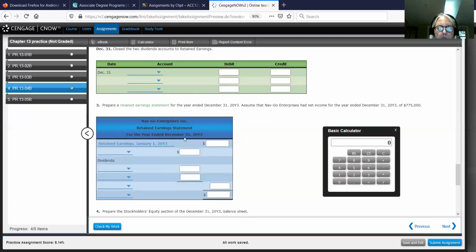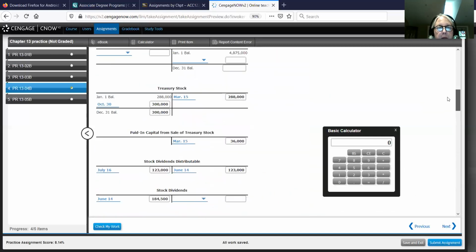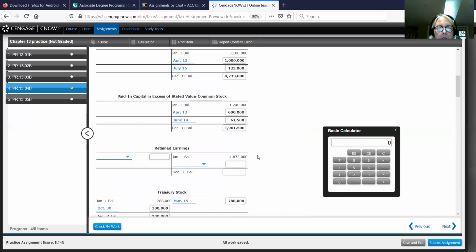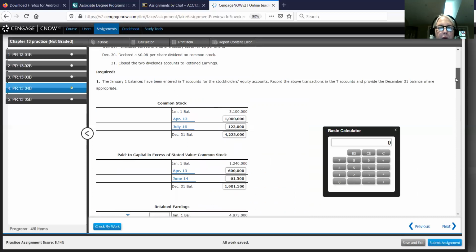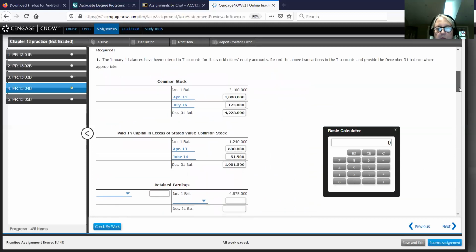Since this is a calendar year ending, we start at January 1st and we look for the beginning balance. You ought to be able to look at your ledger account to find that beginning balance. And you see they've got it written down there for you. And it's also up here as the given amount. But the beginning balance is $4,875,000.